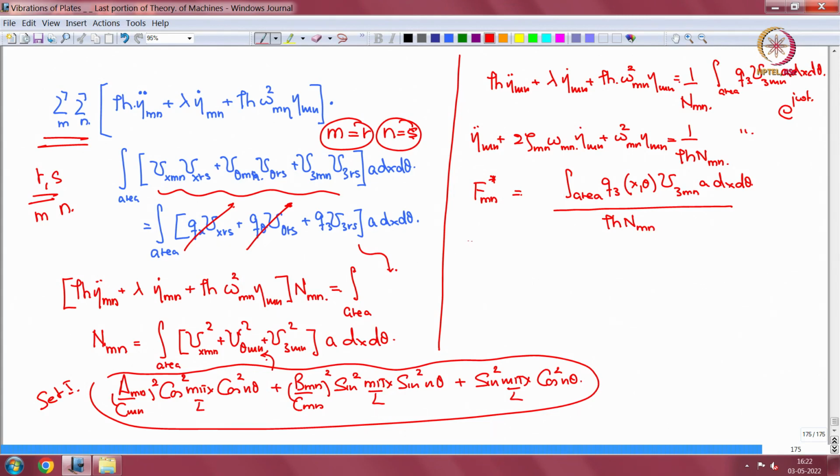Okay. Then from here you get to gamma tilde, then from there you get to eta mn. Okay. So, we will see how that goes step by step.